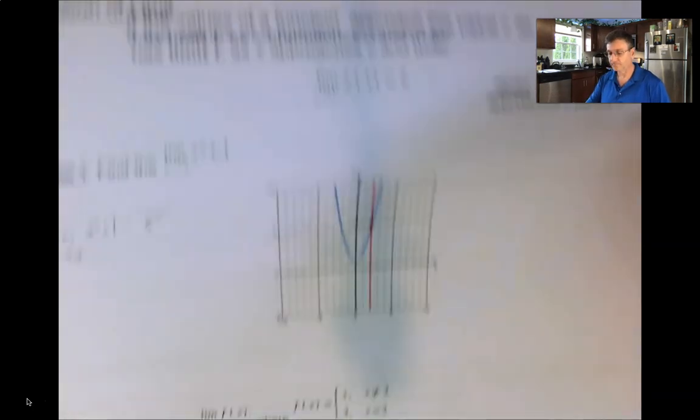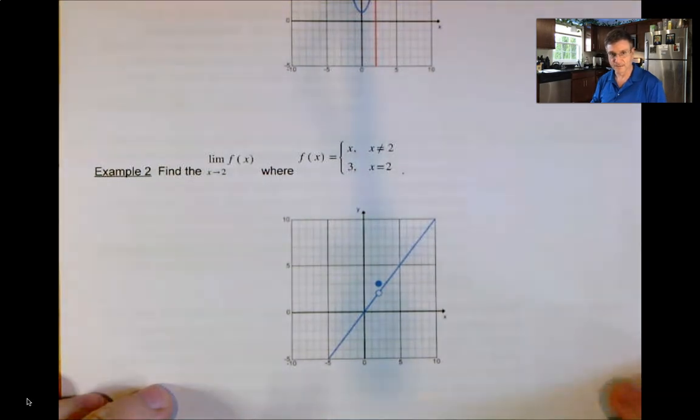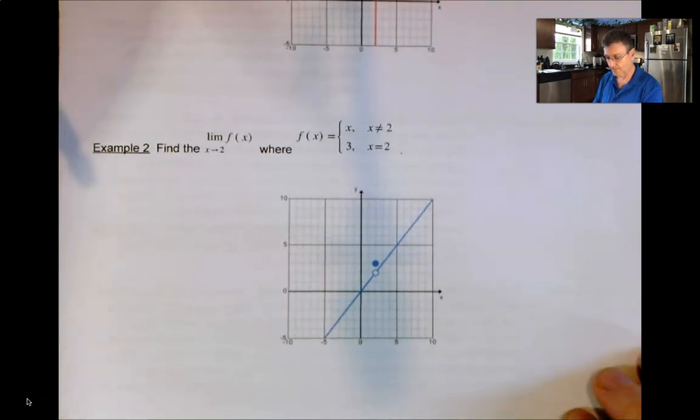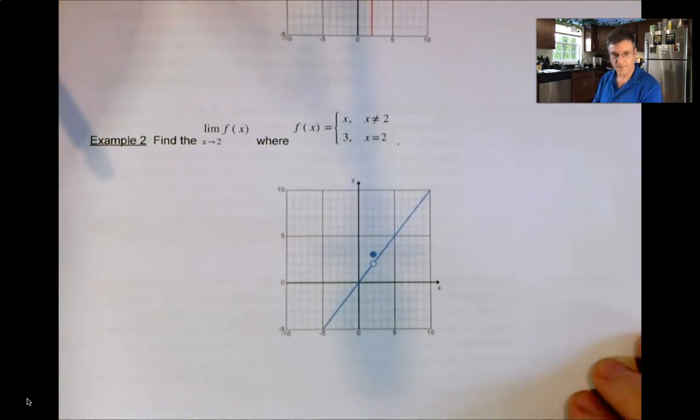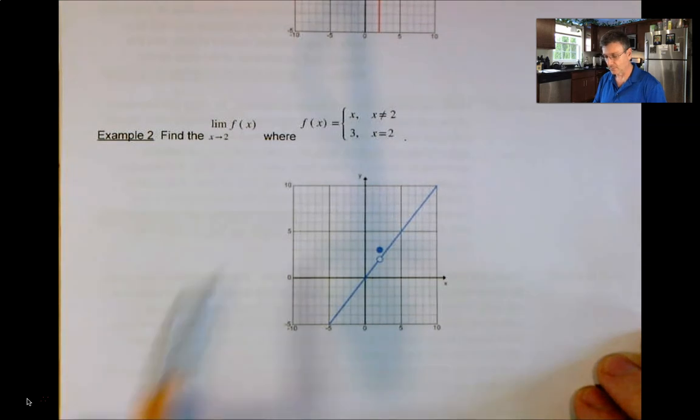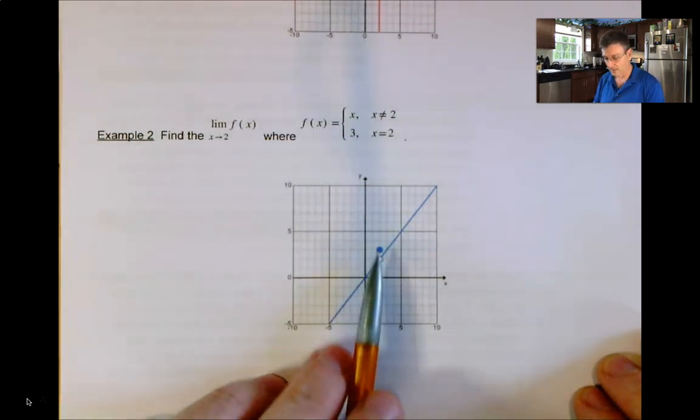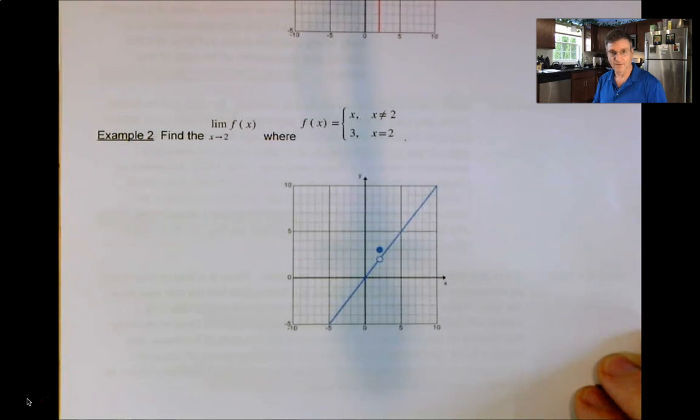Example 2. Here's an example where direct substitution doesn't work. We have to look at the graph and see what's going on. We've got a piecewise function. This is not smooth and continuous because we've got a hole, and then we have a function value that is above the hole.